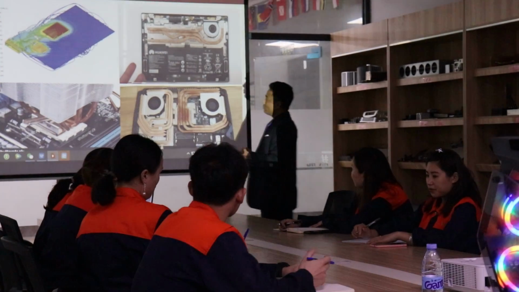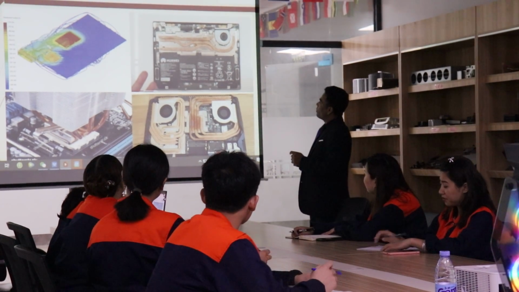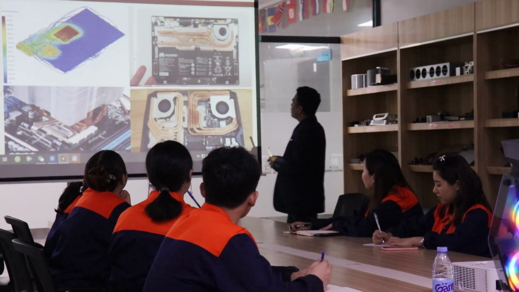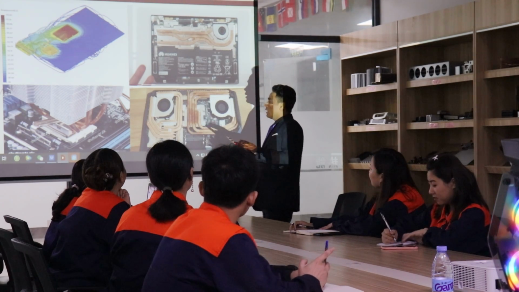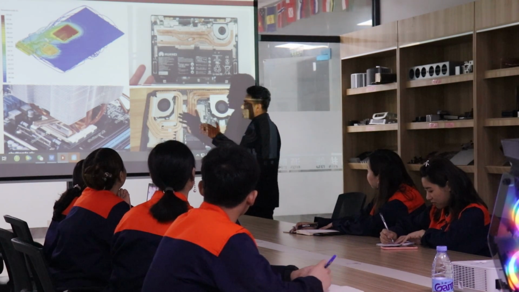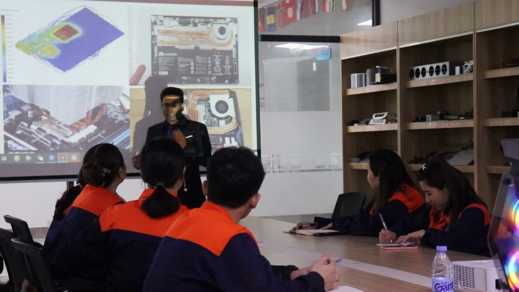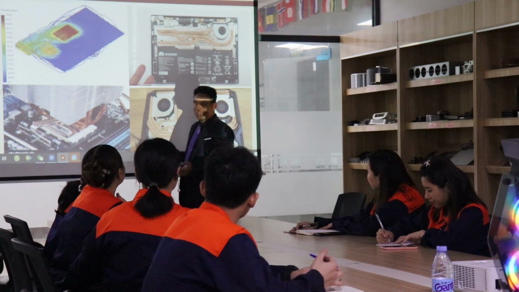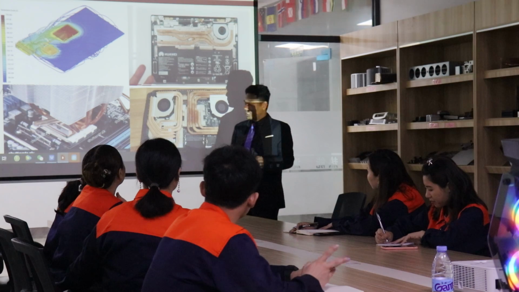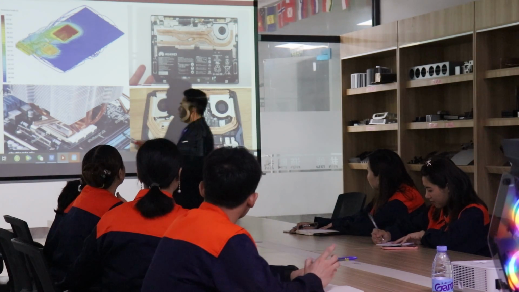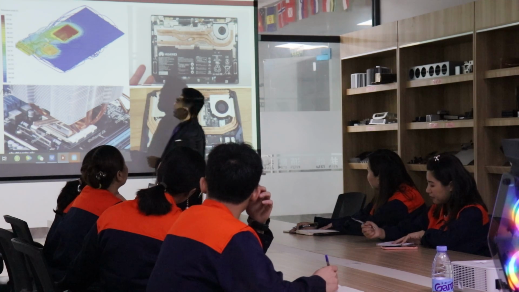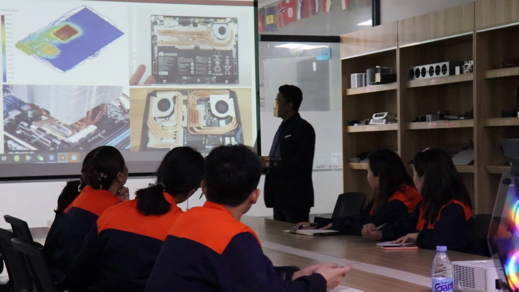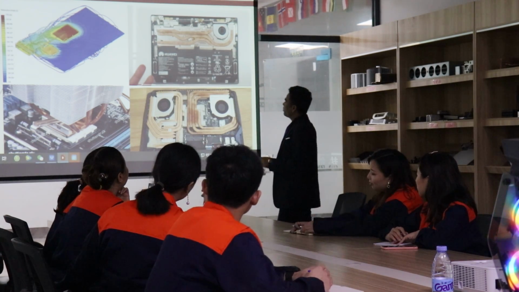Next, the computer heat pipe and heat sink. We always care about computer cooling. If the cooling condition is better, then computer life is good. If computer life is better, our work is good. So we are so careful about cooling, heat sink and heat pipe. Each and every computer we must use heat sink, heat pipe.